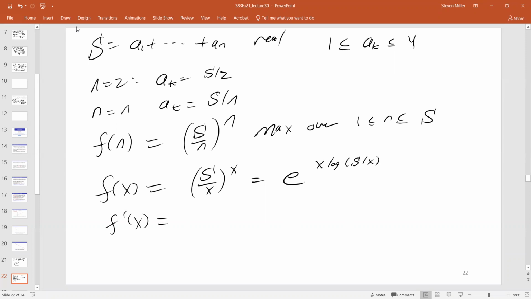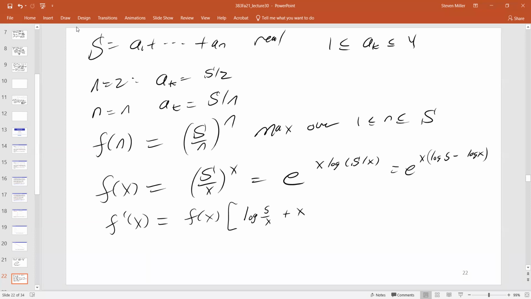This is going to be just f of x times the derivative of x log of s over x. If I want, I can write it as e to the x times the log of s minus the log of x. If I'm doing this correctly, the derivative of x is 1, so I get the log of s over x plus x times the derivative of the log of s over x.